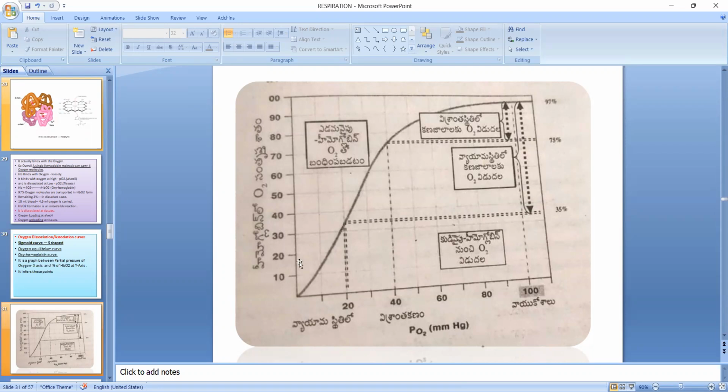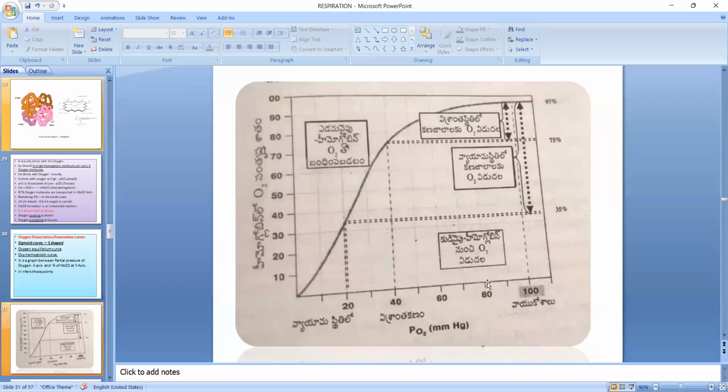This graph also explains that if you go from high PO2 to low PO2, at 100 mmHg PO2 the saturation of HbO2 is 97%.